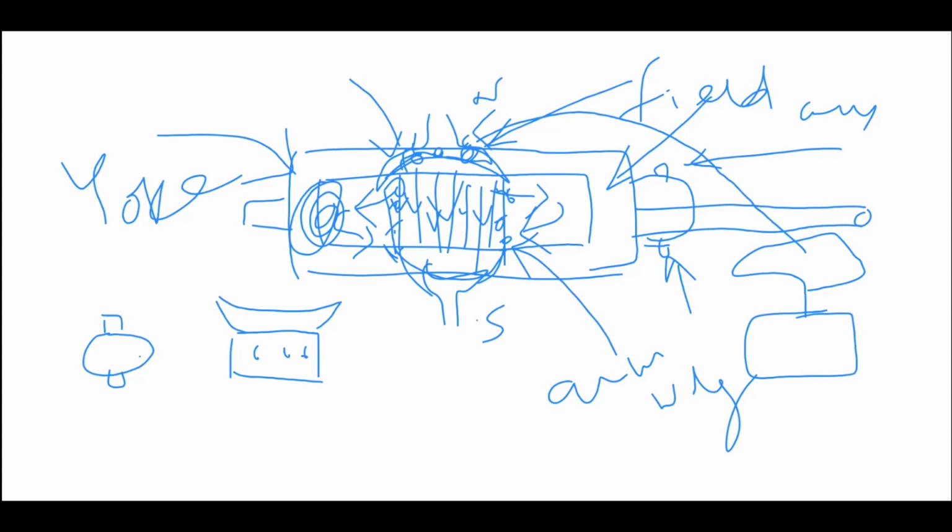Whenever the machine is rotating or on load, I squared R heating will be there, and the fan will serve the purpose of cooling. This is all about the construction of the DC machine.